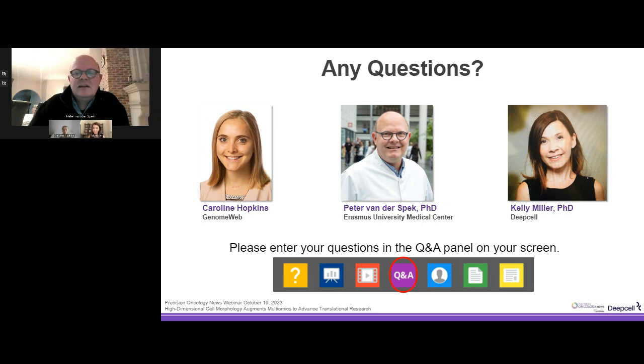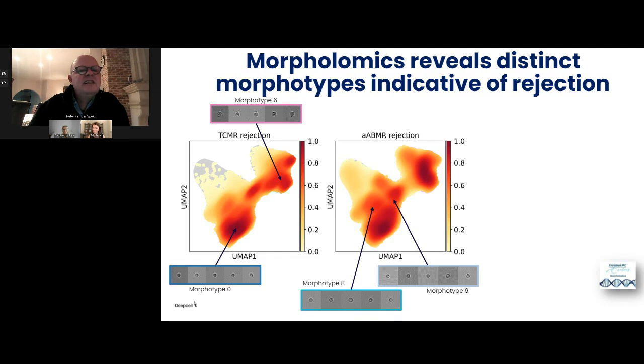Let me see if I can navigate through the slide deck very rapidly. Okay, this slide, and then I have to push it to the audience. Here we see the antibody-mediated rejection in the middle and the T-cell-mediated rejection on the left.